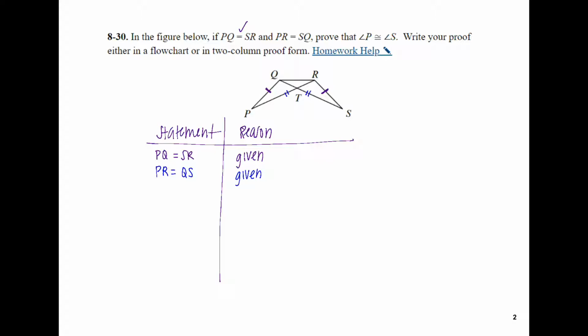We then can say that QR is equal to QR because of the reflexive property, which is also the shared side property. I now notice that I have 3 tick marks around each of my triangles here.